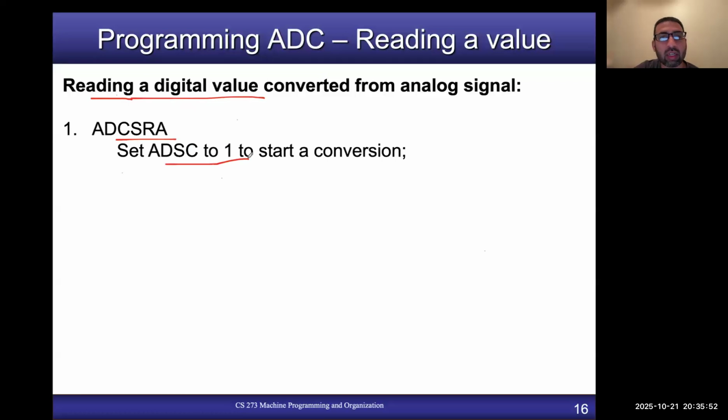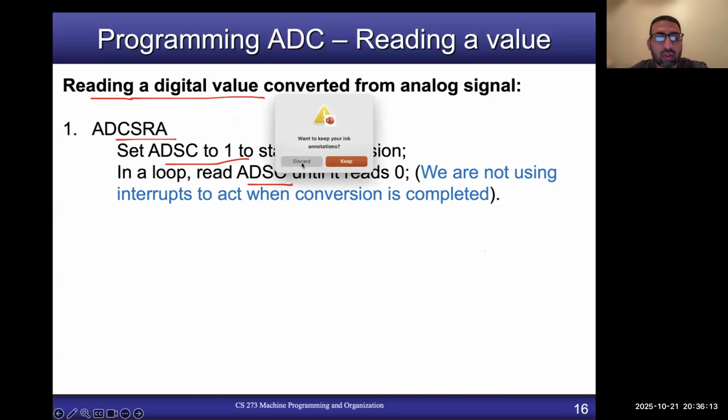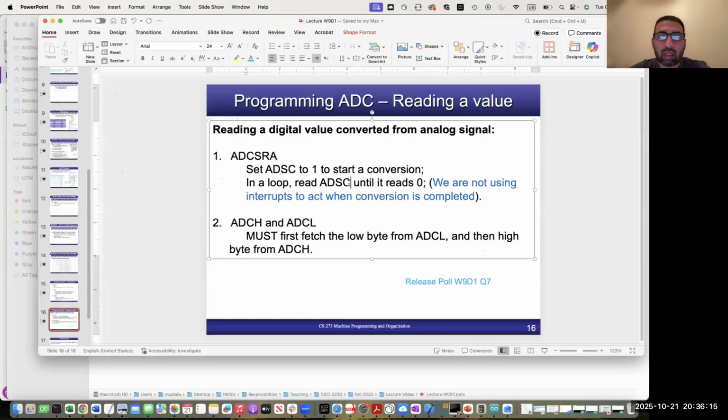After signaling your hardware to start the conversion, you will need to, in a loop, read the ADC flag. Yeah, this is wrong again. Here you will need to read the ADIF flag until it reads 1.